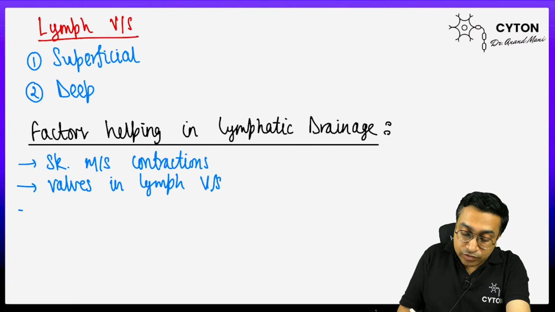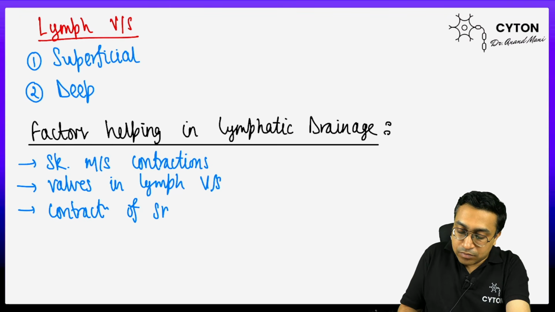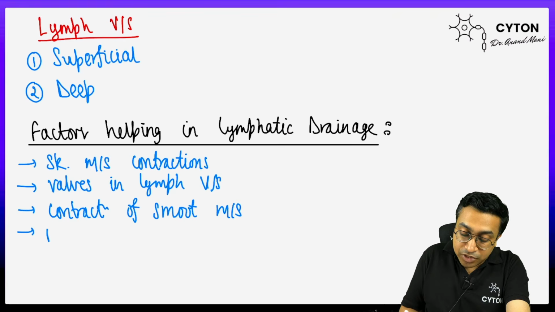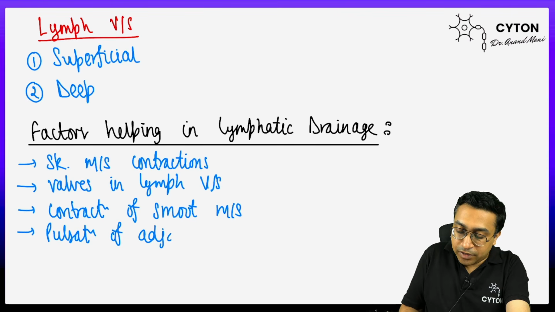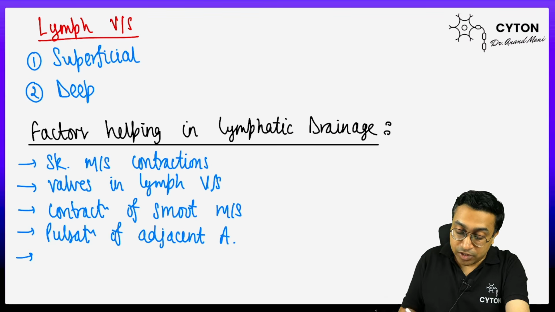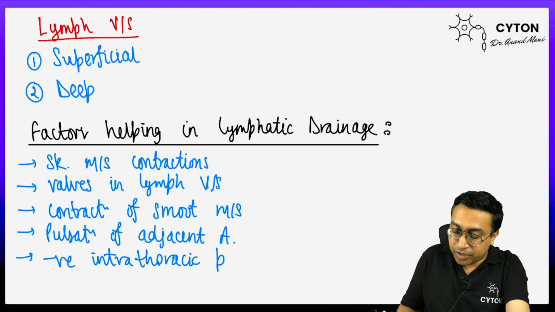Then contraction of the smooth muscles in the wall of the lymph vessels. Then pulsations of the adjacent arteries, very important again, okay. Then negative intrathoracic pressure which is created during respiration.